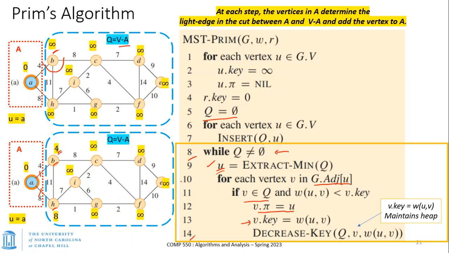In this case that's not applicable, but in the next case, you'll see that. So we'll update 4 and 8, which is essentially saying that the key value is going to become the weight of the edge. So 4 comes out from here, 8 becomes the new key value of H, 4 becomes the new key value of B.